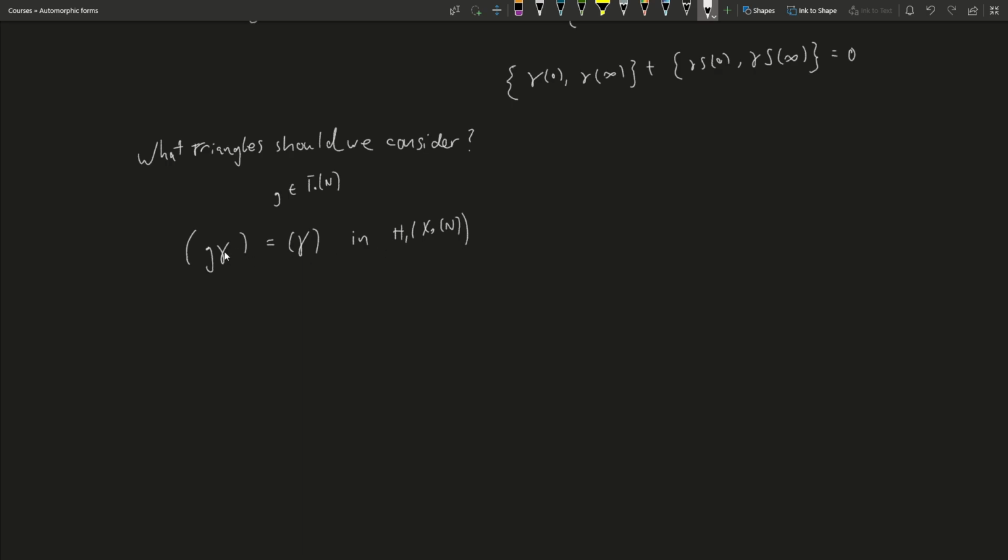Because if we go from, this is just taking a point, say gamma 0, and mapping it to G gamma 0, which is equivalent to gamma 0.